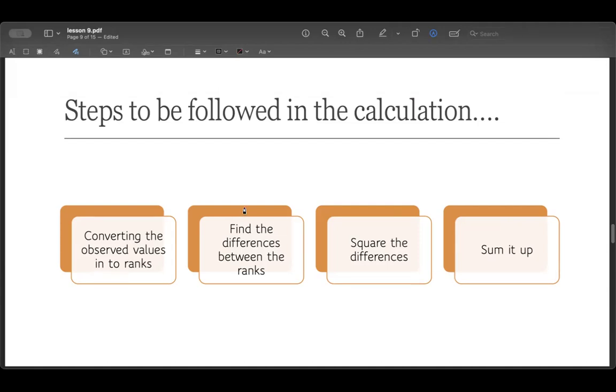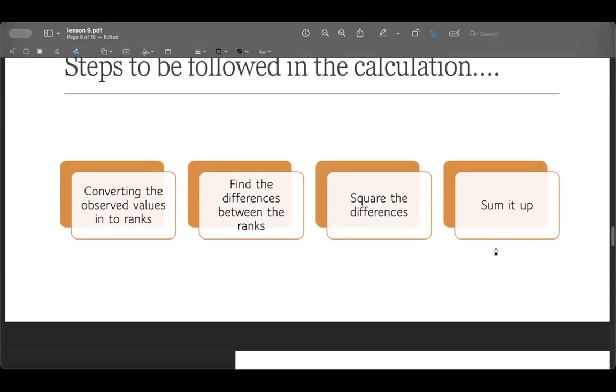Then, the third step, we have to square the differences. Why? Otherwise, once we add all the plus and minus values, they will cancel out and equal 0. To avoid that and get a numerical value, we square the differences to get the magnitude, and then we add all these together.